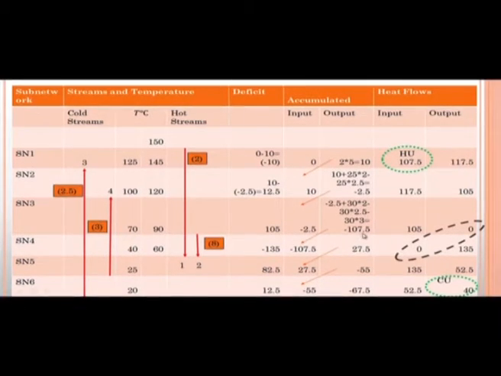How does the input have to be changed? By putting some additional input, we have to make this negative output 0. So, that is what we have done in the next stage. Here, to start with we had 0 input, we will put 107.5 as the input initially, and with that we will redo the calculation.